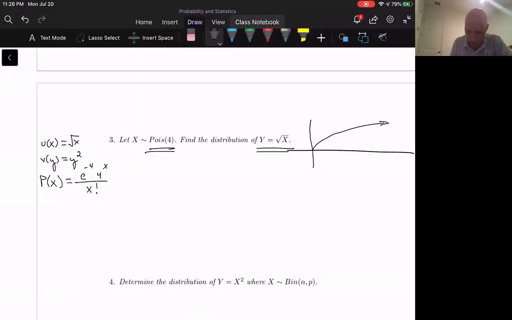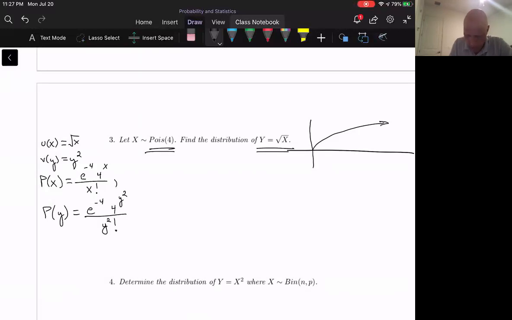And so according to the shortcut, the distribution of y is going to be given by taking the distribution of x and substituting in v of y, which means we have e to the negative 4 times 4 to the y squared over y squared factorial.